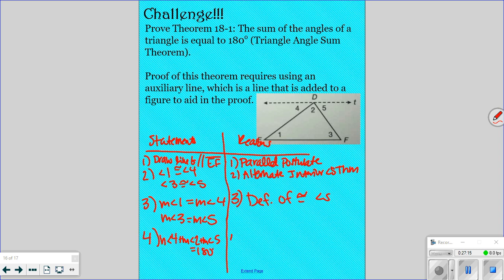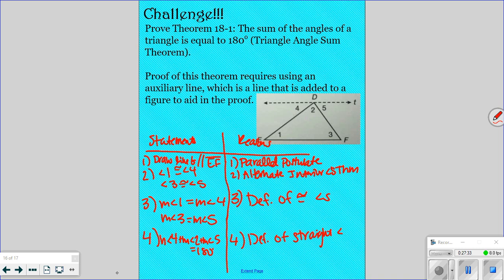And that's from, not a linear pair, because we don't have 2, we have 3, but the definition of straight angle. Because together they make a straight angle.